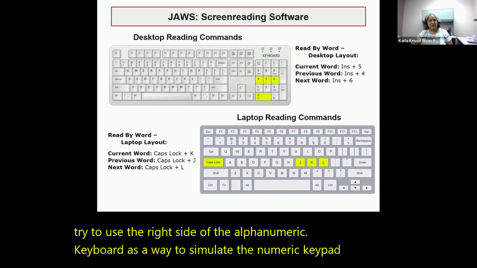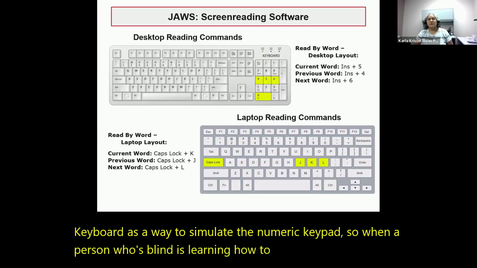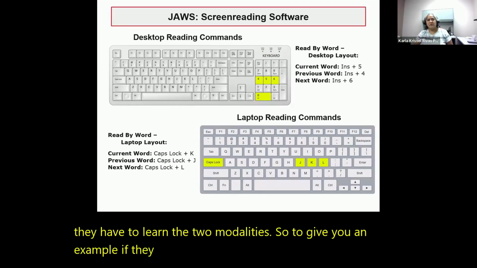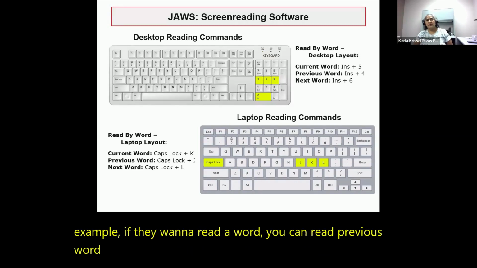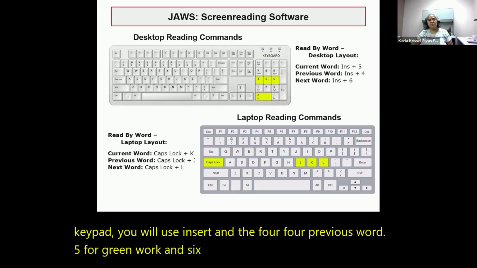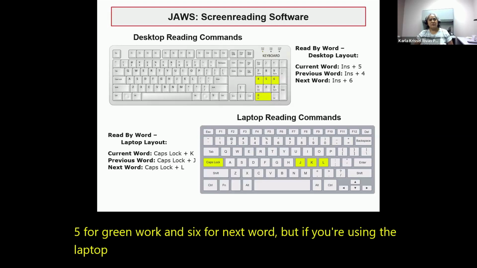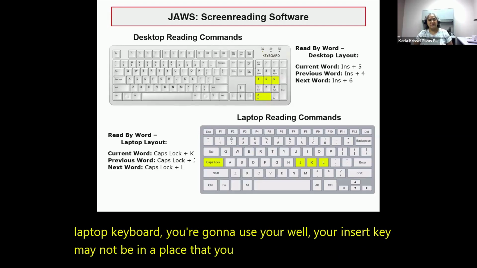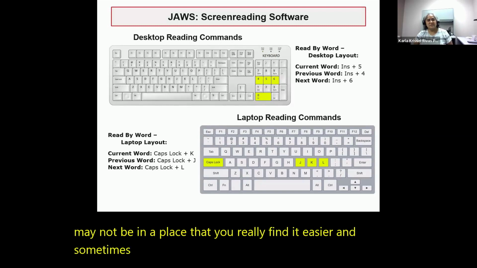So when a person who's blind is learning how to use their screen reader, they have to learn the two modalities. To give you an example, if they want to read a word, you can read previous word, current word, and next word. If you're using the numeric keypad, you will use Insert and the 4 for previous word, 5 for current word, and 6 for next word. But if you're using the laptop keyboard, your Insert key may not be in a place that you find easier, and sometimes doesn't even exist.